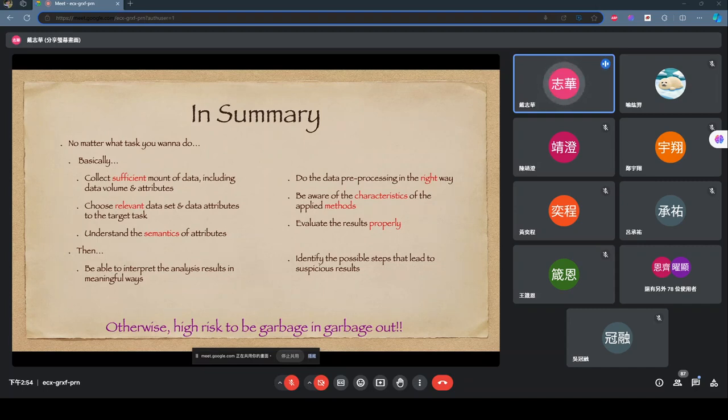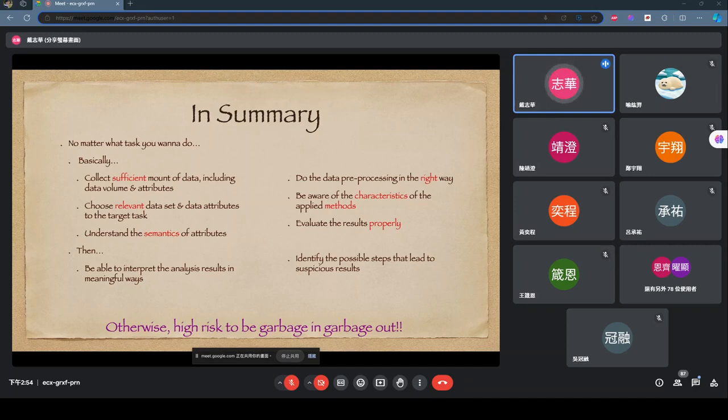So we need to pick the most important data, eliminate the irrelevant attributes, and just focus on those attributes that are logically relevant to our mining task, to our analysis task. In order to do this part properly, we need to understand the semantics of every attribute. That is important.